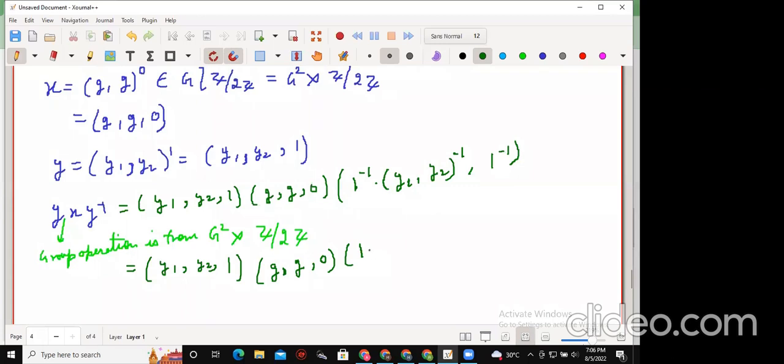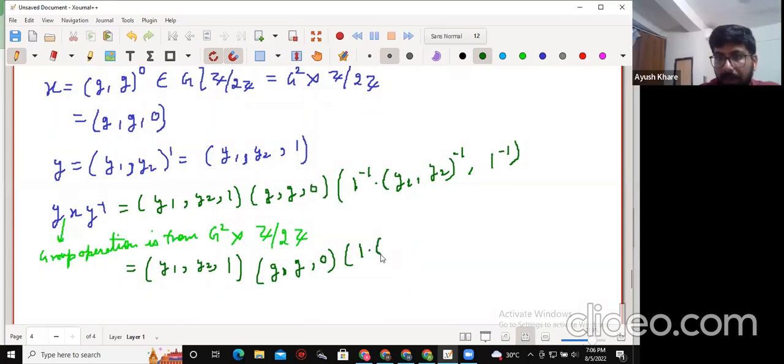And 1 acting on Y1, Y2 inverse. Here the inverse is in G, if you are going with the definition of N semi-direct product H. So what is the inverse of Y1 comma Y2 here? The inverse of Y1, Y2 in G square, the product. Yes, it's just Y1 inverse comma Y2 inverse.